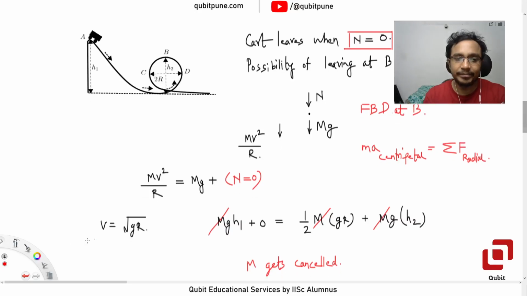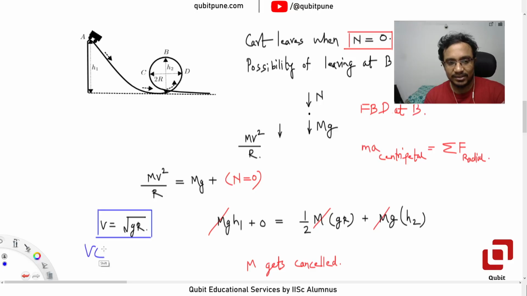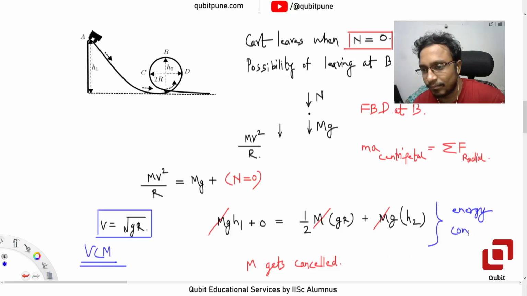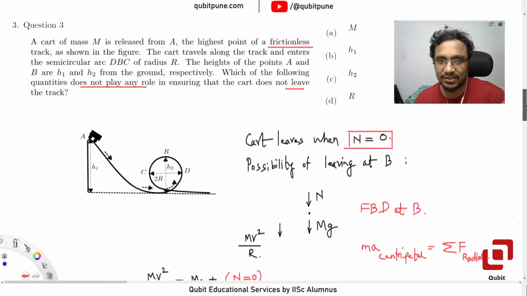I got the speed, root gr. In fact, if you look at the vertical circular motion expression, it is essentially the same as this. Then I applied energy conservation, because it is frictionless.